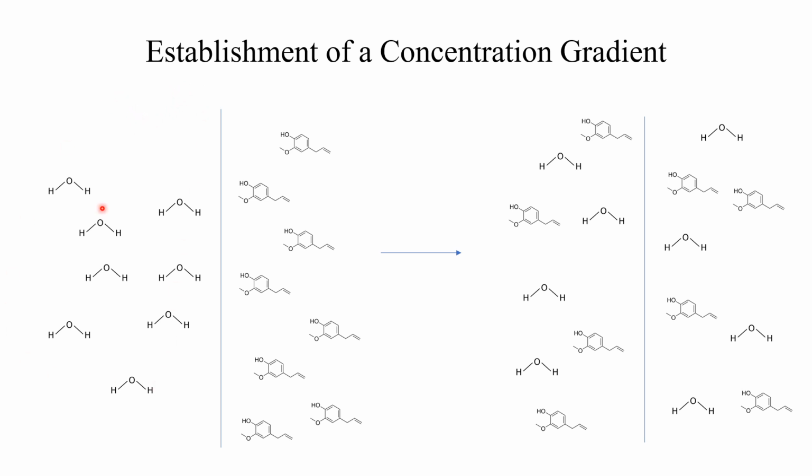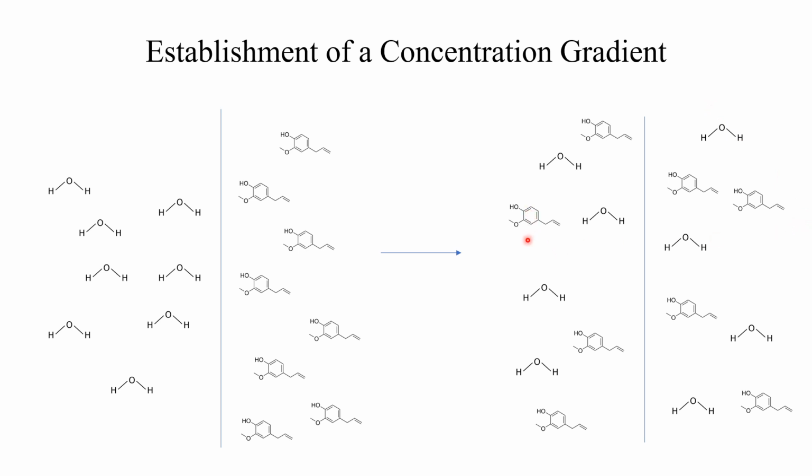On the outside is our water, and on the inside of our cloves, the extracellular matrix, the dead cells, again, whatever, is our high concentration of eugenol. And over the course of time, some of the eugenol that's in high concentrations in the cloves will move out of the cloves and into this aqueous layer here, and some of the water will move from the large aqueous layer into the cloves.